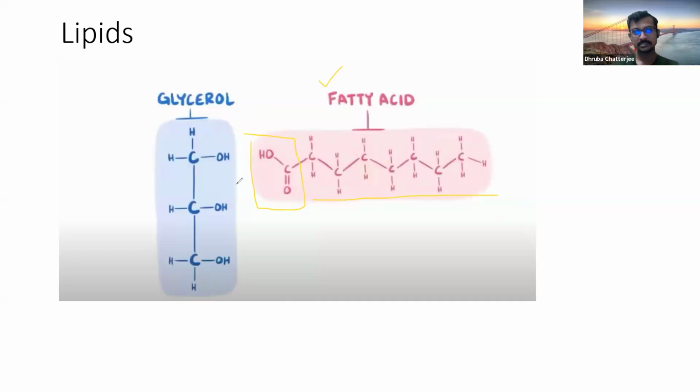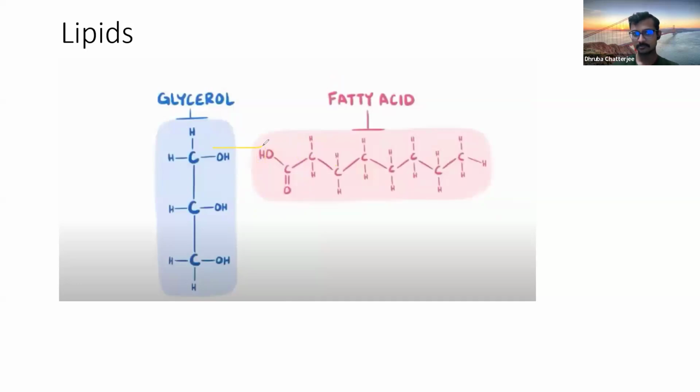Now what happens is, between one hydroxyl group of this glycerol and one hydrogen of this fatty acid, this actually goes out in the form of water, and one chemical bond is formed between the glycerol and the fatty acid.